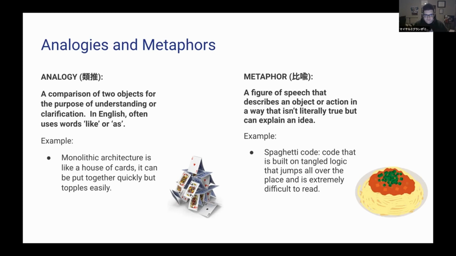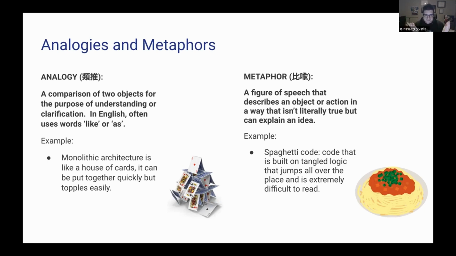Metaphors are slightly different in that they describe an object or action in a way that isn't literally true, but can help explain an idea. So for example, software engineers have this concept of something called spaghetti code, where basically there's a lot of logic that kind of jumps from place to place in code that's very, very difficult to read.